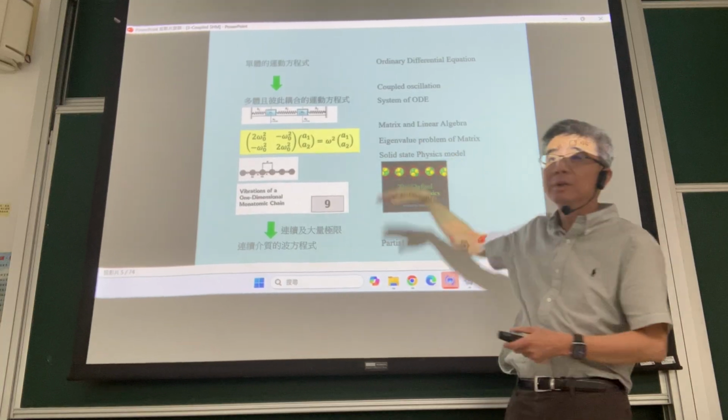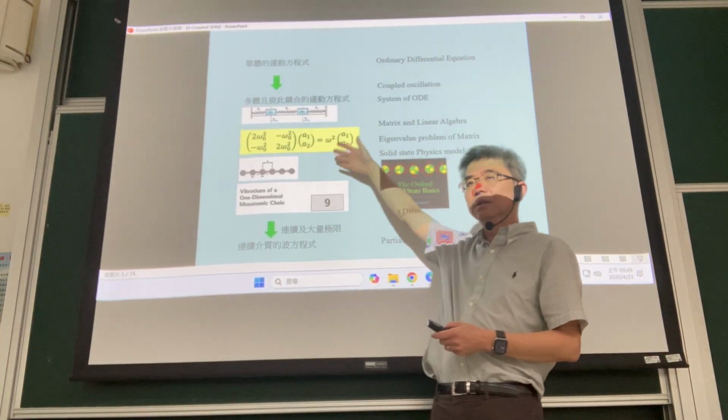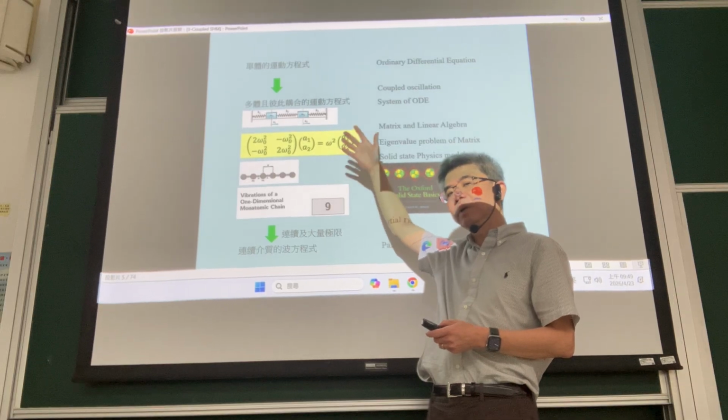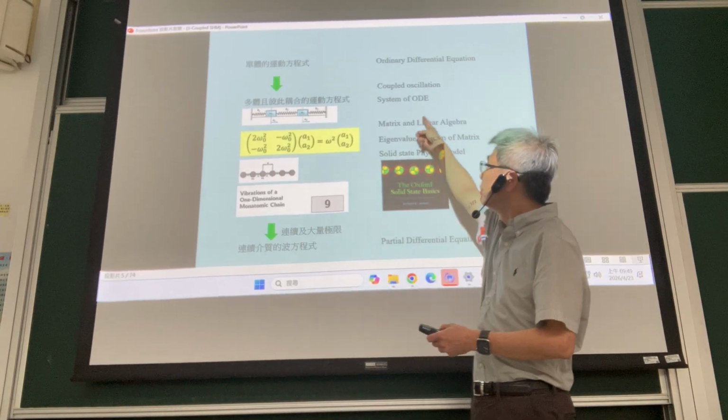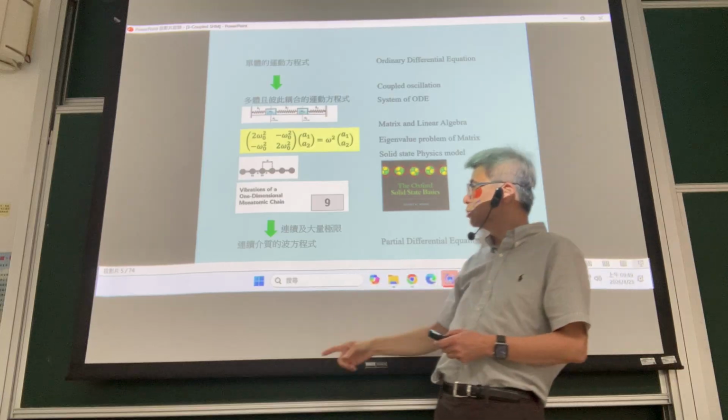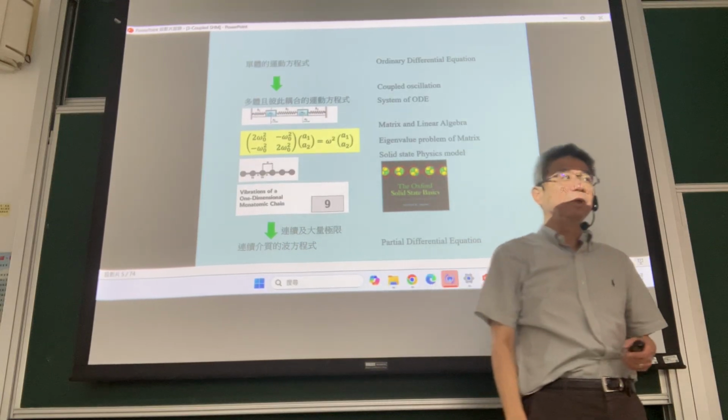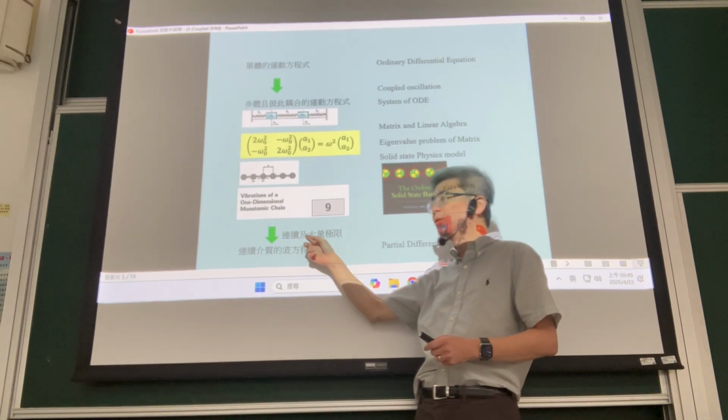Okay, and then before the end of the semester, maybe I can probably only finish up to this point because we have so much to cover. But a natural extension of the formalism up to this point, the matrix eigenvalue problem, is to take the continuous limit. This in Chinese, continuous limit.